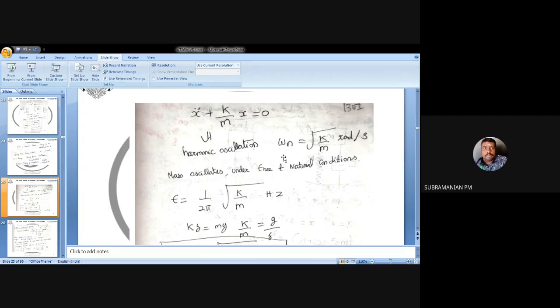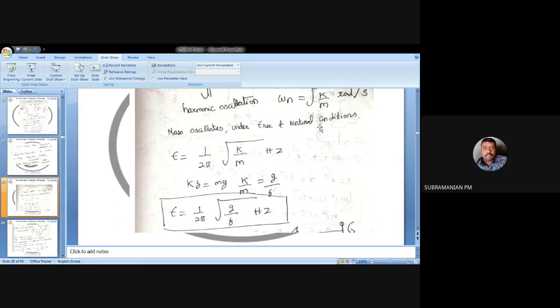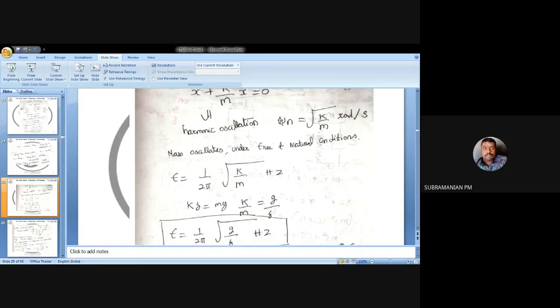So omega n is what? Natural frequency. And instead of K by M, I can write what? G by del. So omega is angular frequency. When I want to find a linear frequency, I have to divide this term by 2 pi. That is, omega is equal to 2 pi f, and f is equal to 1 by 2 pi of omega. So you have to remember this.